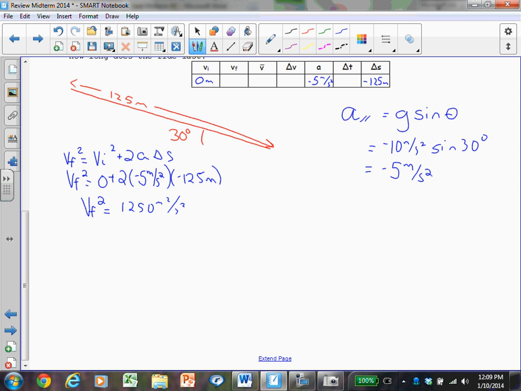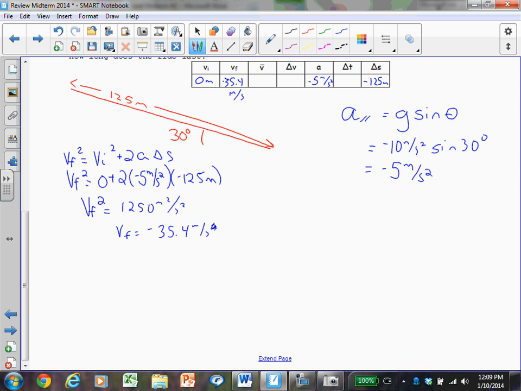Square root it. And VF would be negative. It's going downhill. It could be both positive or negative. Whoops. 35.4 meters per second. 35.4, I think. Negative, yeah.